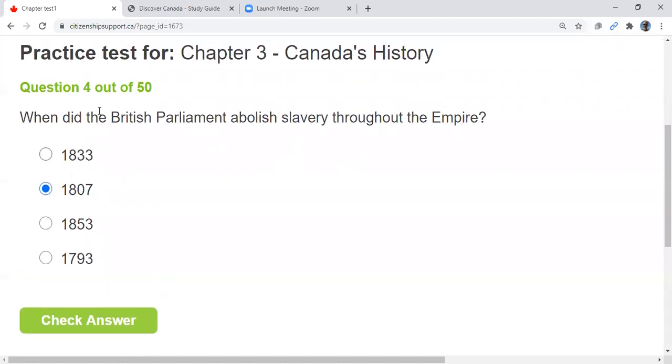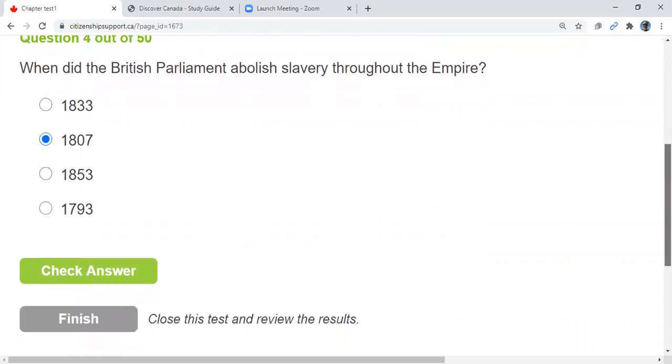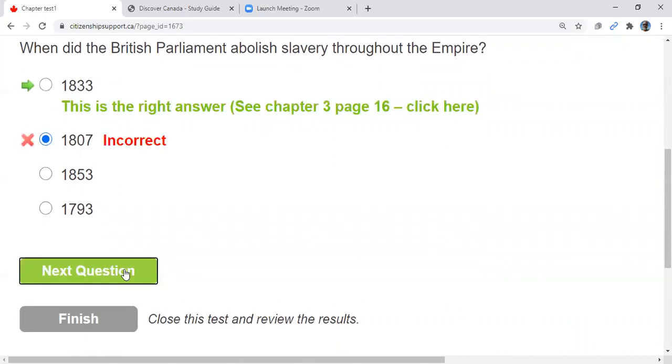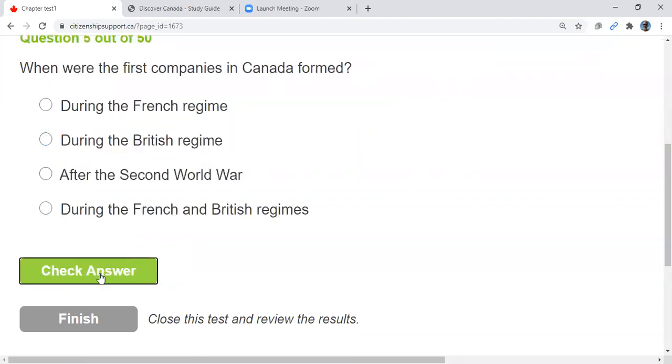Very good. Oh, no, number 1, 1833. Yeah, 1833. Oh, okay, I'm sorry. You're right. In 1807, they said you couldn't sell slaves, but in 1833, yes. So I got that one wrong too, Rashid, don't worry about it. So 1833, very good.